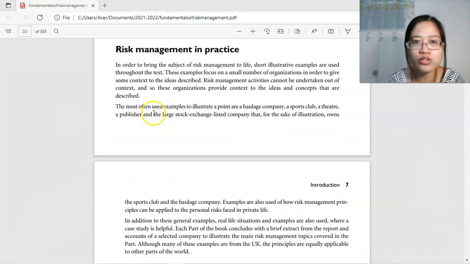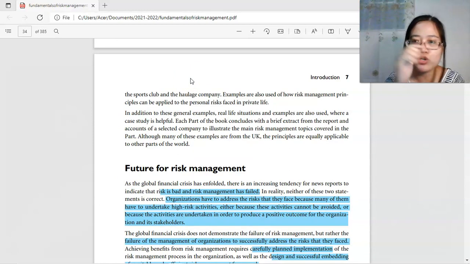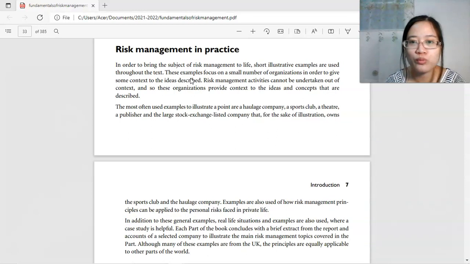So, book structure, skip natin yan. Risk management in practice. So, yan. Medyo theoretical yung libro, but meron naman siyang pinrovide na certain examples or case studies, pero medyo kakaunti lang, with regards to practice mismo. And, of course, medyo mahirap siya kasi nga, different types of organizations, different industries, different companies would have different levels of exposure to risk.